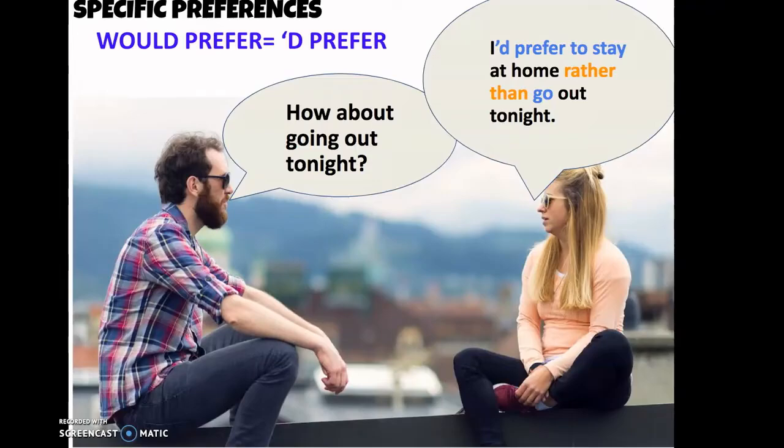But pay attention to the continuation of the statement: rather than go out. So when we use would prefer to, the second part of the sentence is rather than, and then the bare infinitive, or the infinitive without to.